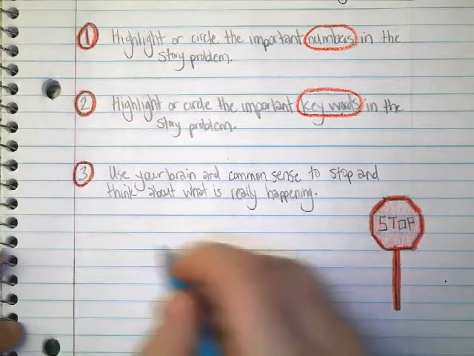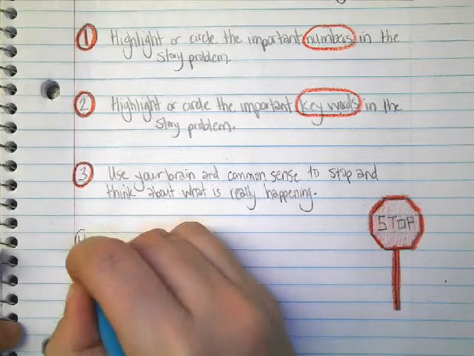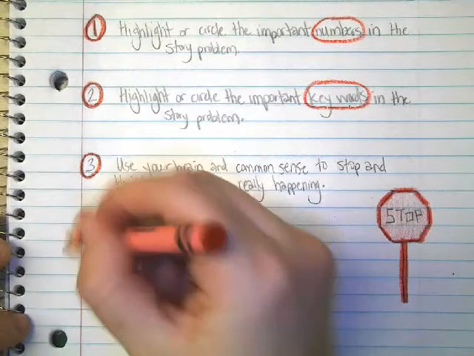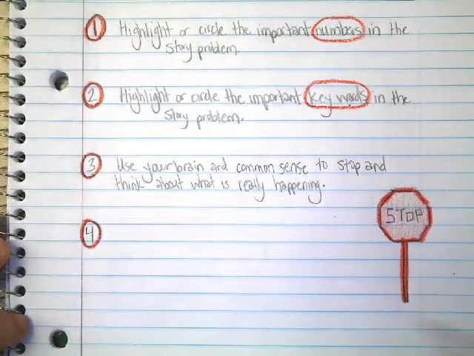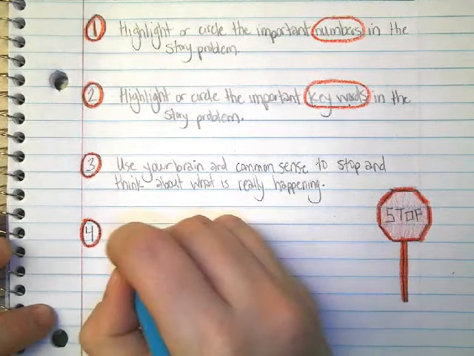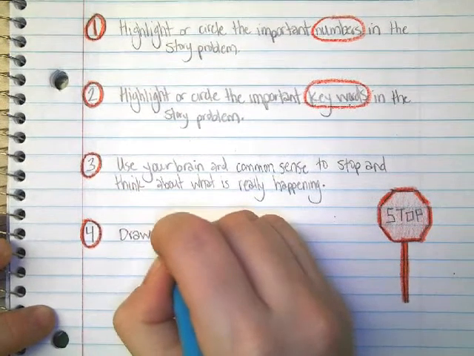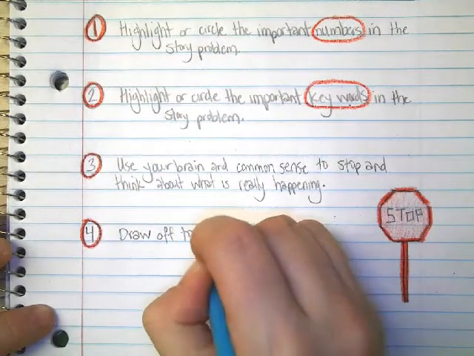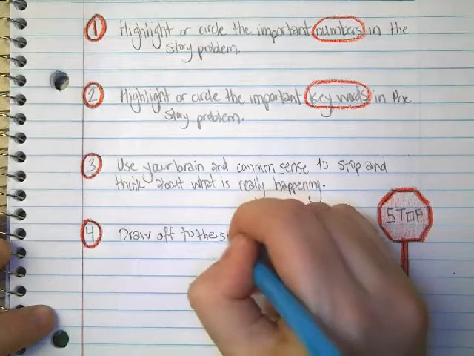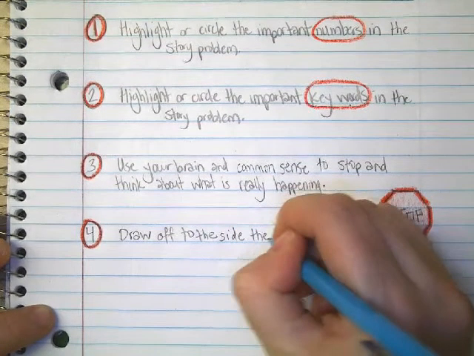All right, step number 4. Draw off to the side the operation symbol.